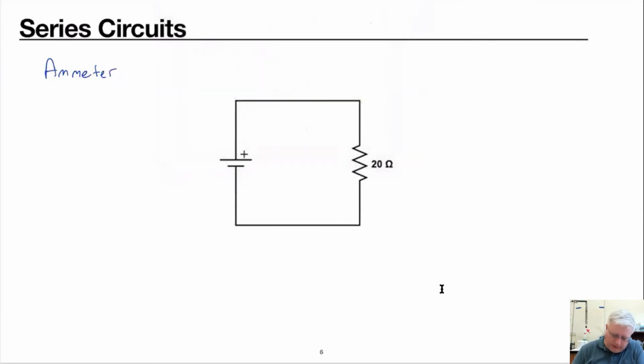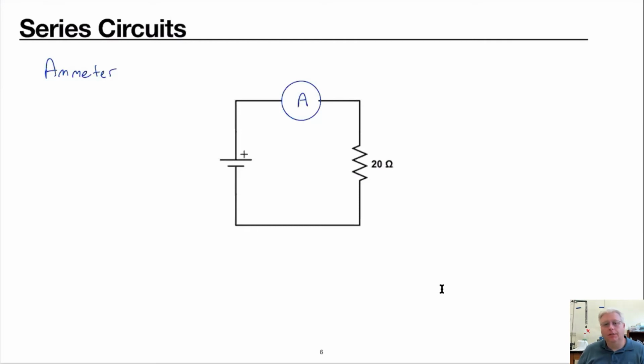Let's do this and place it in series in this circuit here. We put a little ammeter in there. Typically we just have a circle with an A, and that's our ammeter. We place it in series wherever we want to know the current, and in a series circuit we could place it anywhere, and it would be the same anywhere.